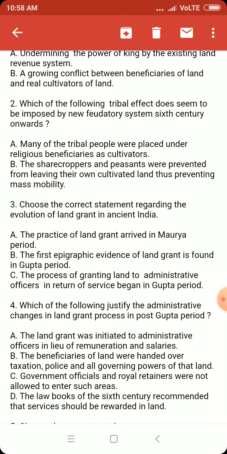As a result of this, land grant became very prevalent, and it brought some changes to the concerned society also. So which of the tribal effects seem to be imposed by the new feudatory system from the 6th century onwards?